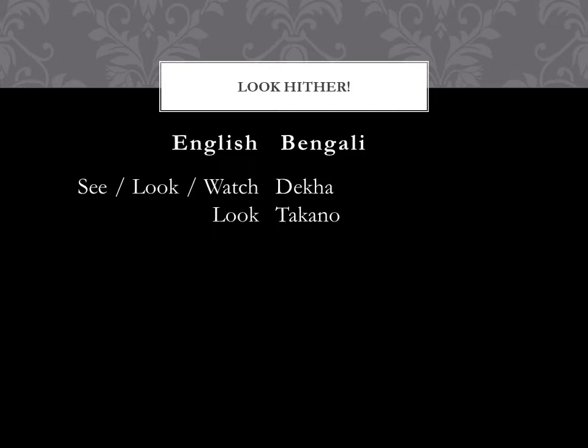Takano is a very narrow usage. When we say takano, it is more to look at something with focus. In 99% of the cases, when you are using takano, it means that you are looking at something with focus, as opposed to dekha, which means just to generally look at something.